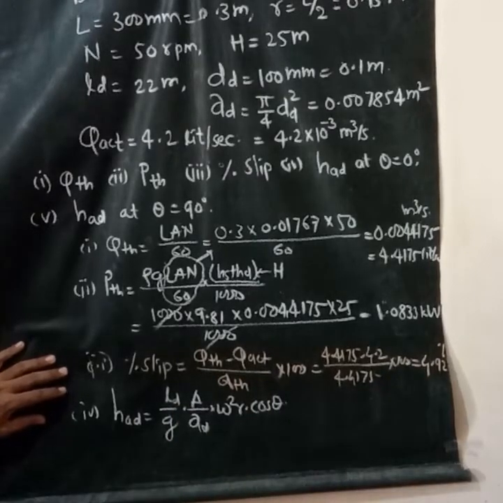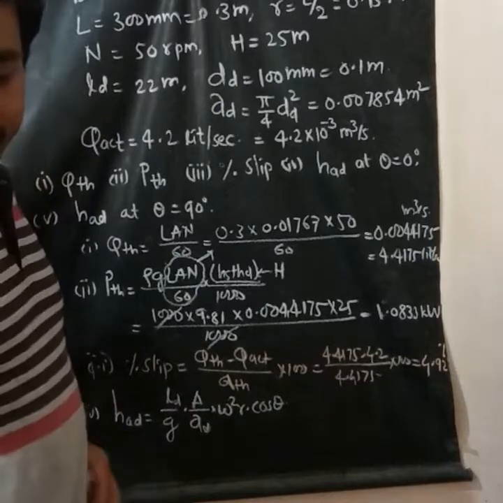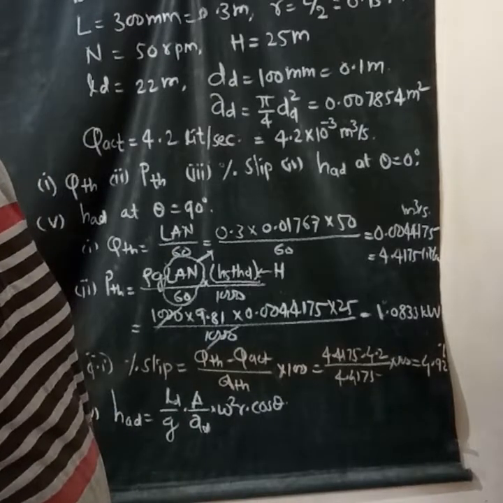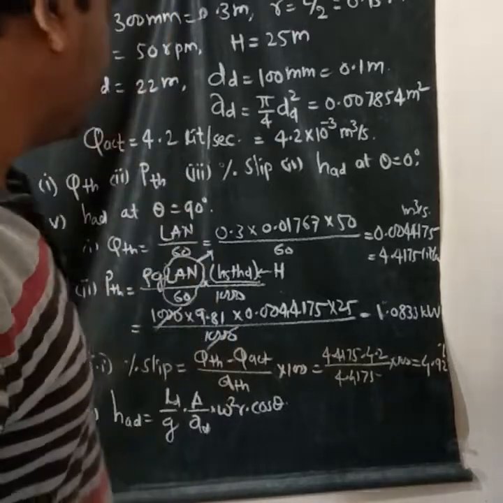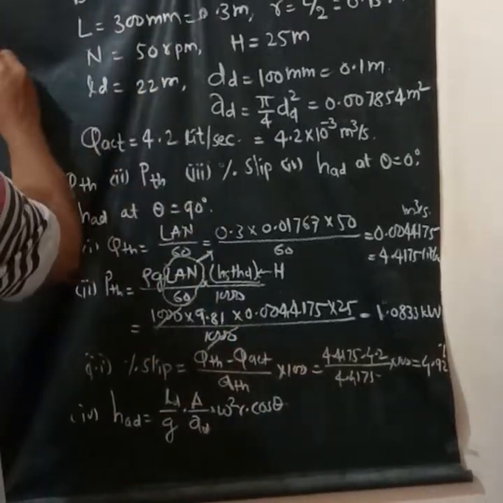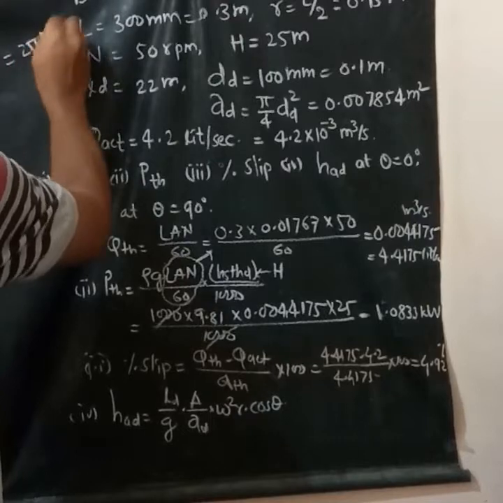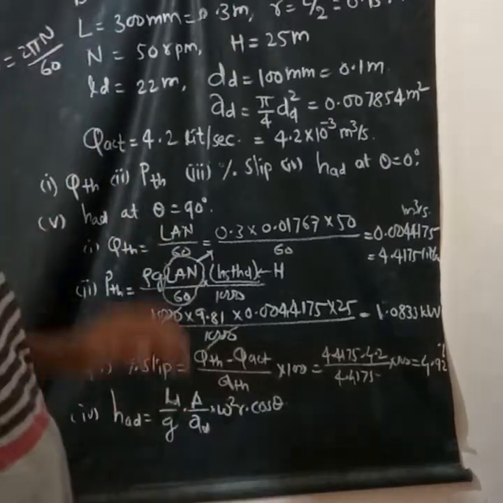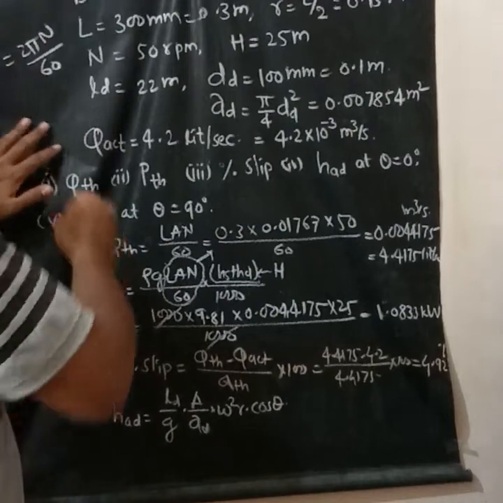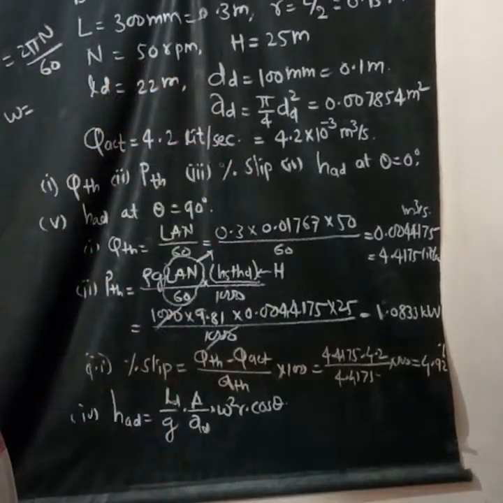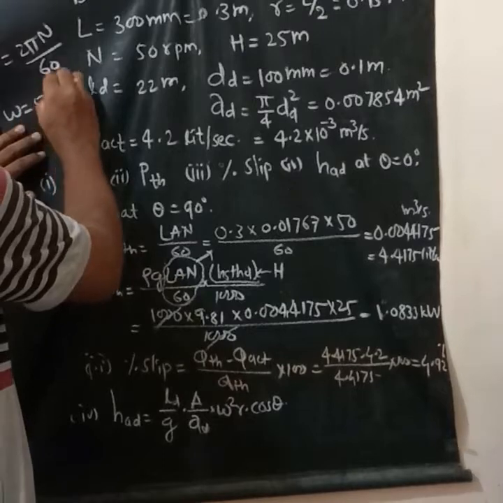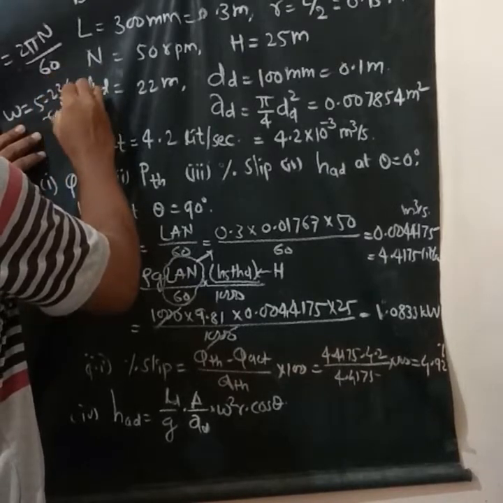Here, for the value of omega square, omega equals 2 pi n by 60, as you know. So you can calculate omega. With n as 50 rpm, omega is obtained as 5.236 radian per second.